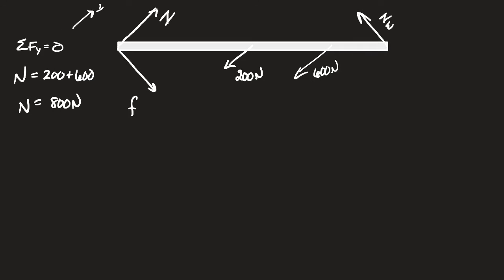The coefficient of friction is 0.9. It was given, and this is supposed to be the coefficient of static friction. Now, we don't know the frictional force. We have a range of possible values for the frictional force since it's static friction.